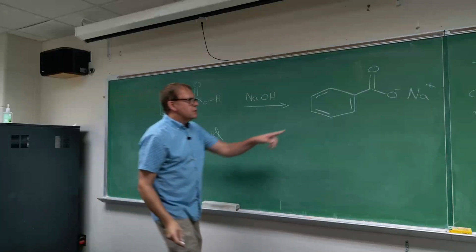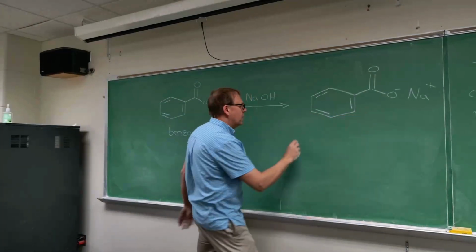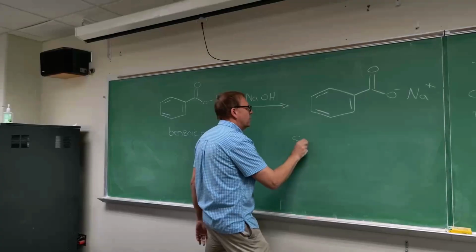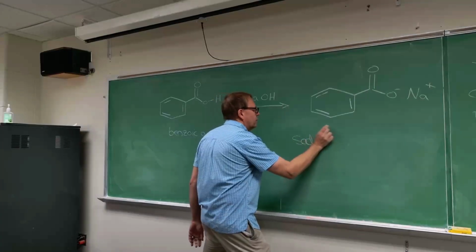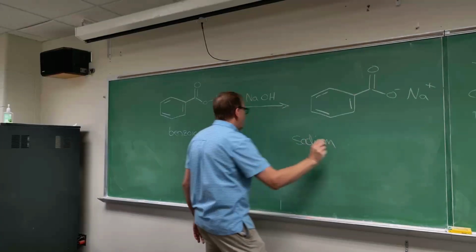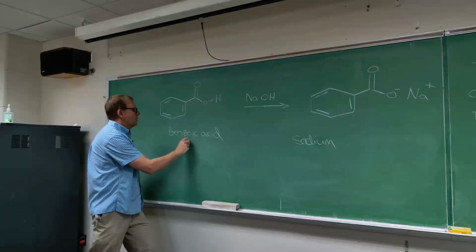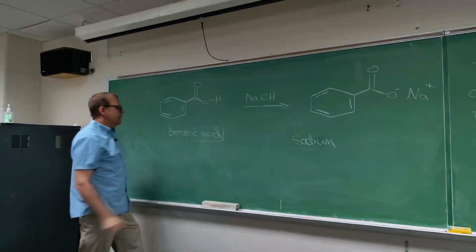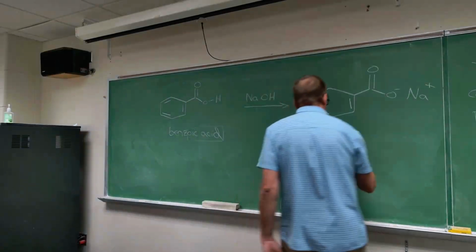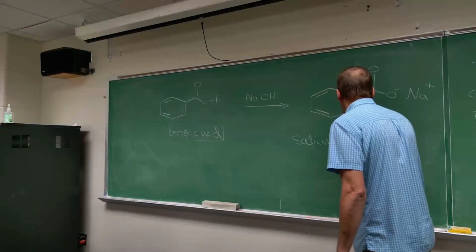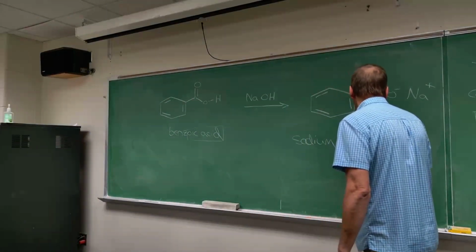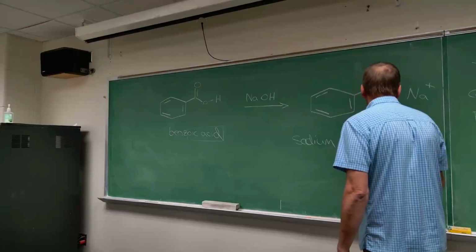To name this, we put the name of the cation out front. So this is sodium. Then we take benzoic acid, get rid of the oic acid part, and add oate. So this becomes sodium benzoate.